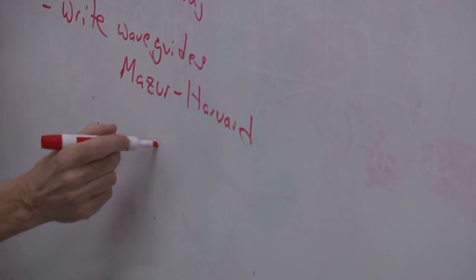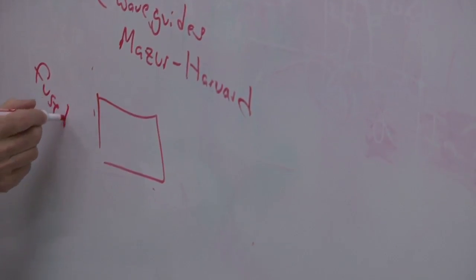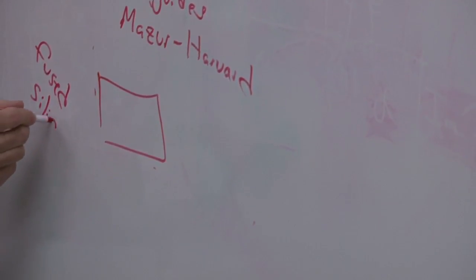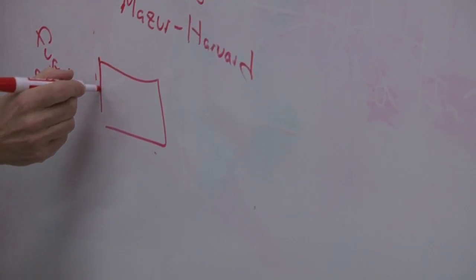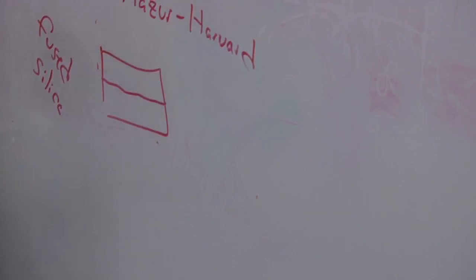So you do something like you take fused silica and you focus an intense laser beam on the surface, and you translate the beam across the substrate, or you move the substrate across the beam.